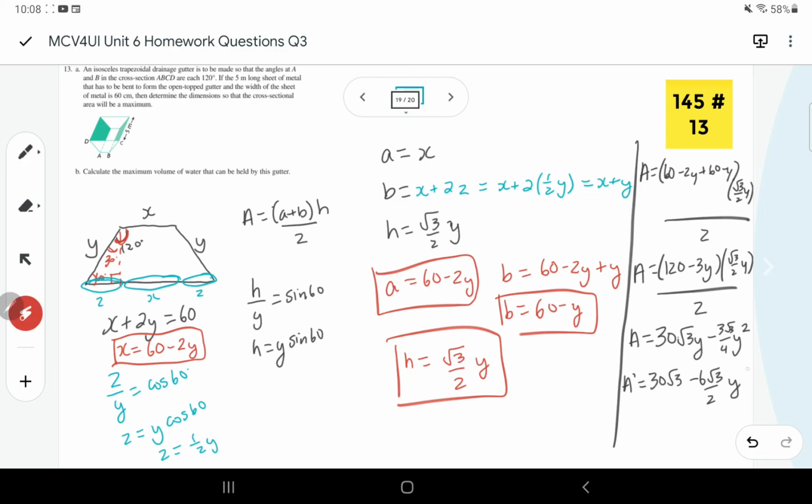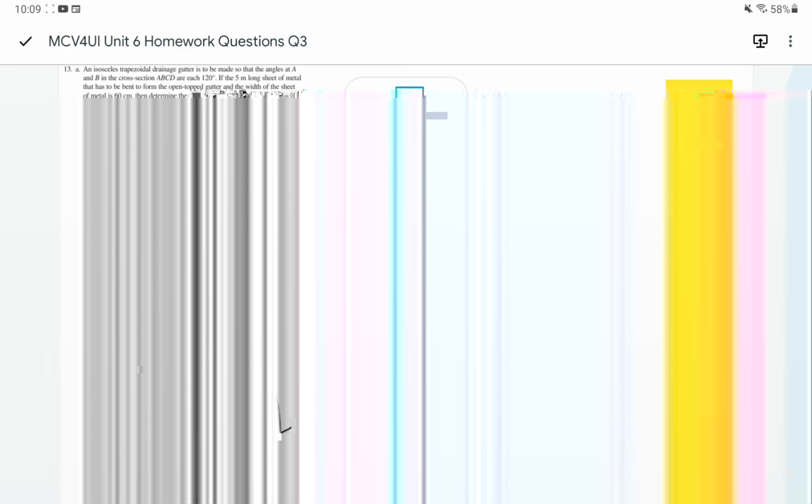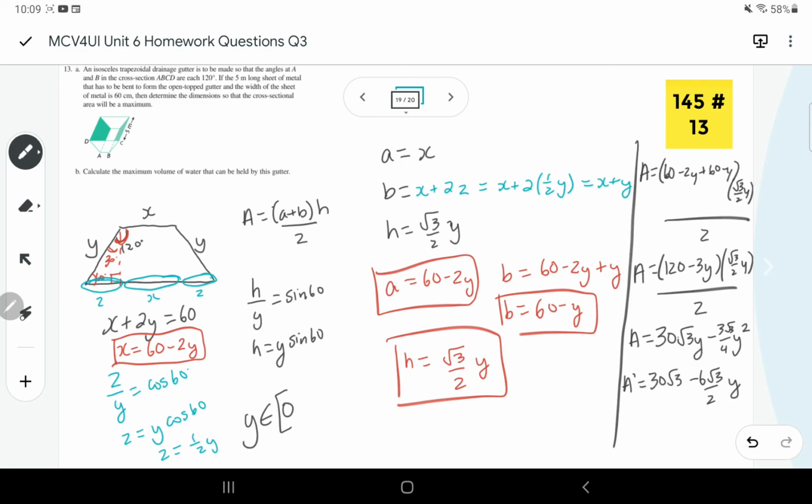And this is pretty straightforward and easy to solve for y, even though I'm a little bit out of room. The one thing I do want to do is look at what the restrictions would be. If I have a total of 60 centimeters for x and 2 y's, then the restrictions on y are that its smallest could be 0, which is a terrible idea, but not impossible to do.